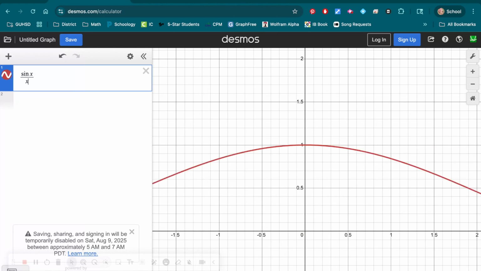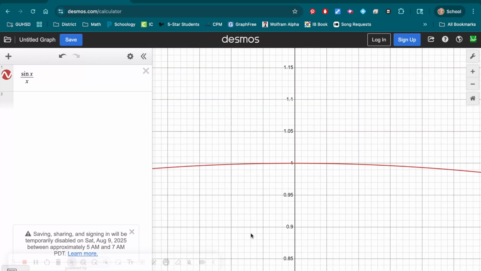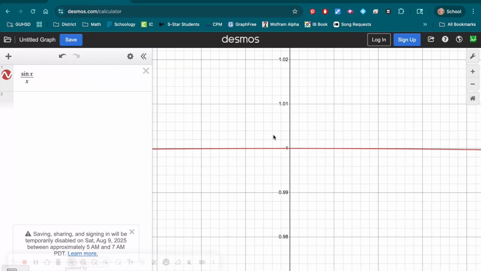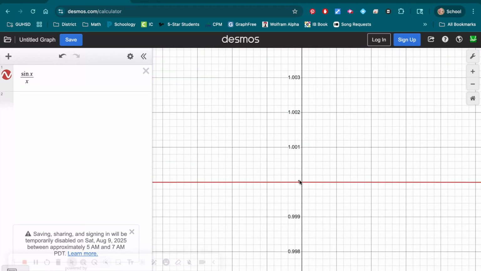So even though this graph shows up, and at this x value of 0 it looks very much like the function exists right here, it doesn't. But that's okay. We're not trying to evaluate the function, we're trying to evaluate the limit. So as I zoom in, you can still see, even though Desmos is not actually showing me that it doesn't exist there, the function is approaching 1. All right, so when I go back to my note page, I will fill in that value of 1.